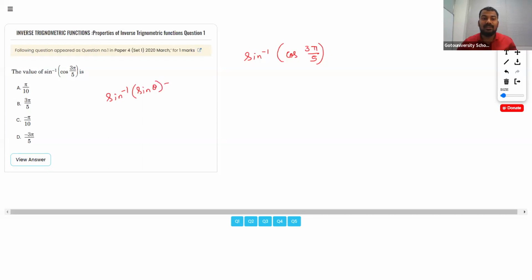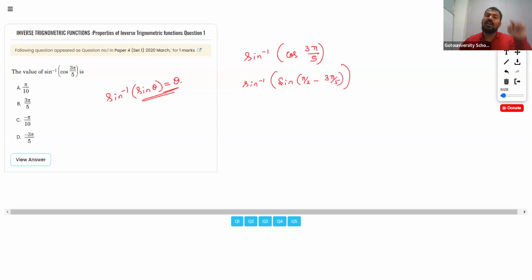So it is giving us a hint: convert this cos into sine. Cos and sine are the change concept. So can I say cos theta is sine 90 minus theta? So I can write it as sine inverse of sine of pi by 2 minus theta, which is pi by 2 minus 3 pi by 5.